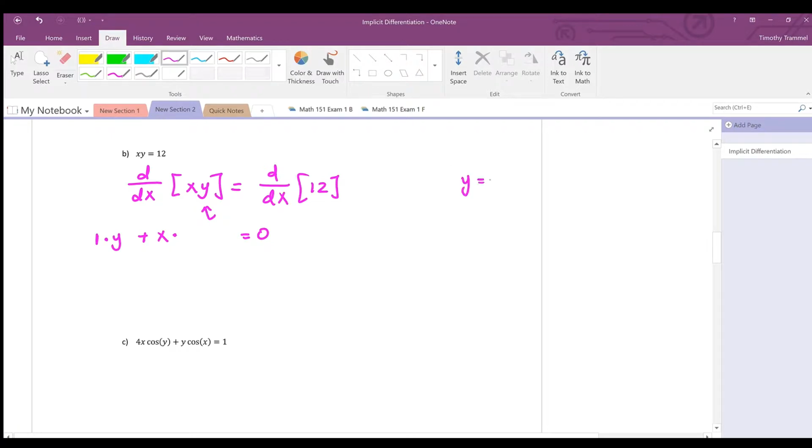Again, all we know really here is that y is a function of x. So the best that we can say here about the derivative of y is that it is the derivative of y. Okay.